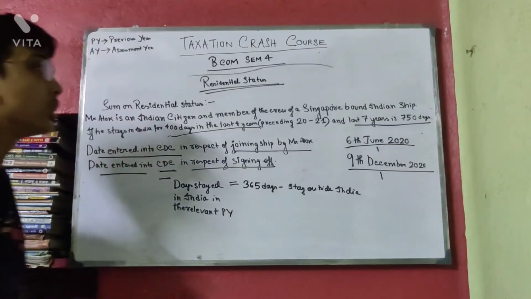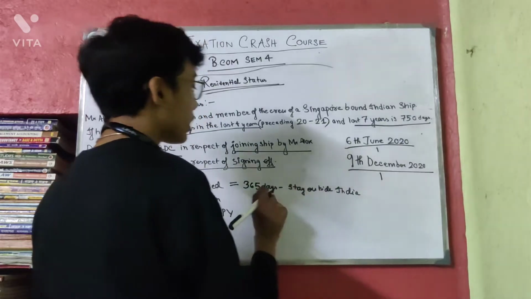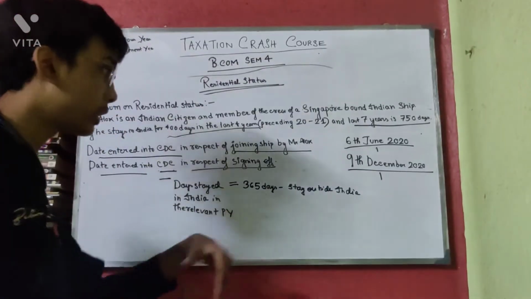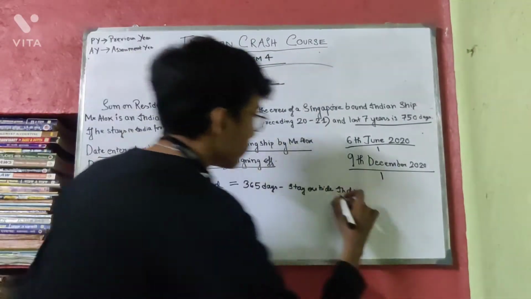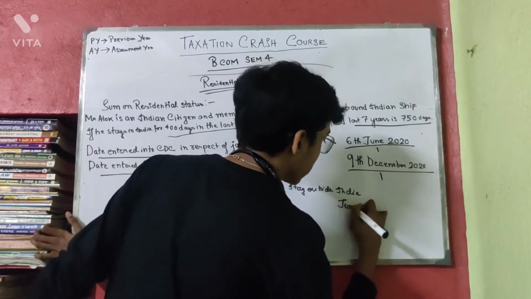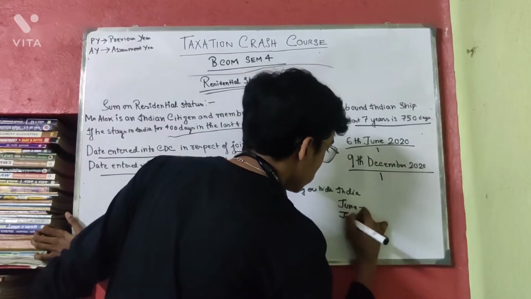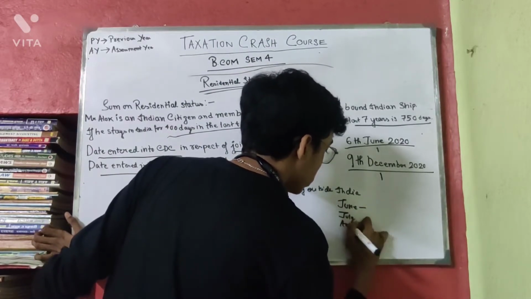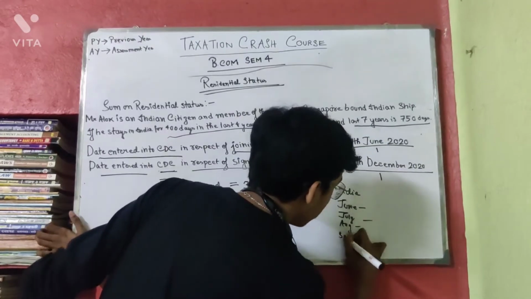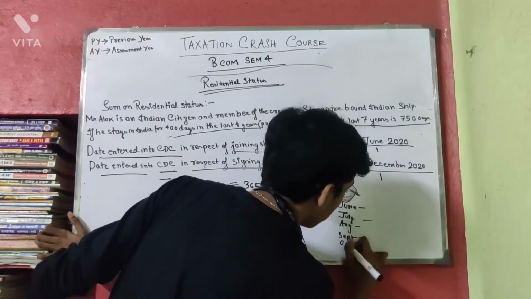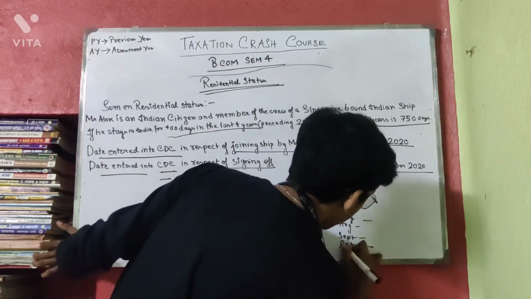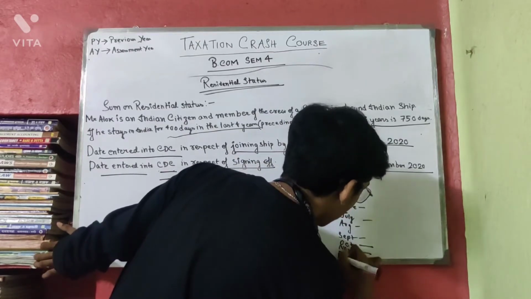So we must calculate the stay outside India and deduct it from 365 days, from 6th June to 9th December: June, July, August, September, October, November and December.